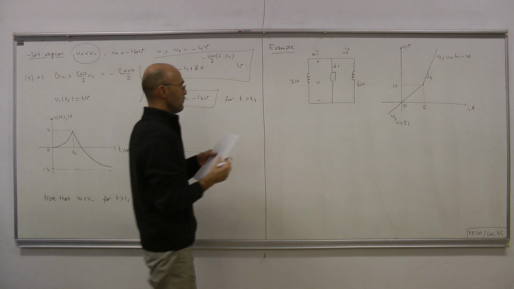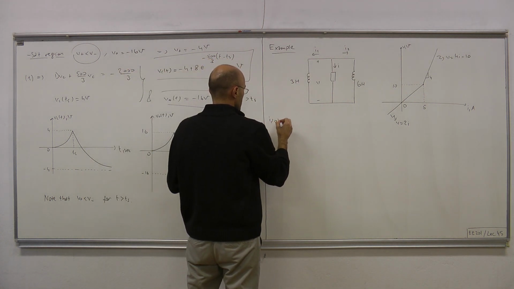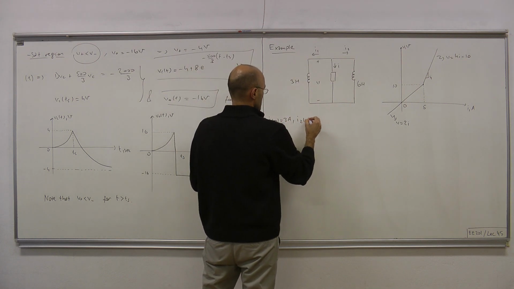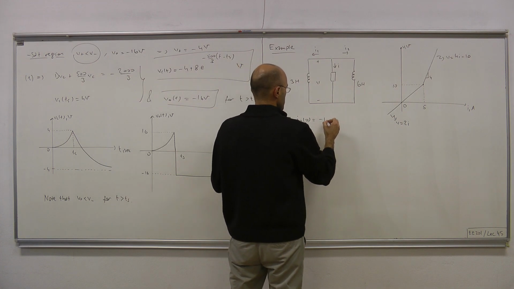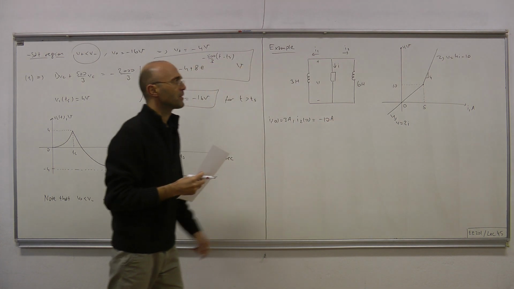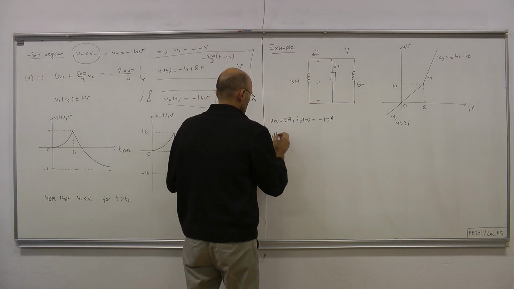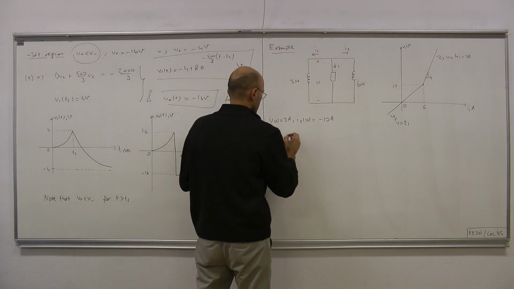Now, for the initial conditions, I1(0) equals 3 amps, I2(0) equals minus 10, and we have to figure out the future values of I1 and I2.